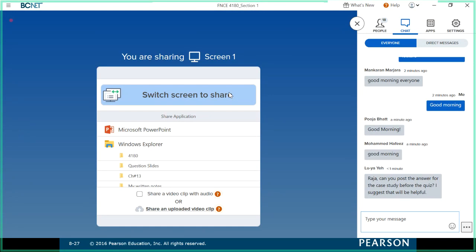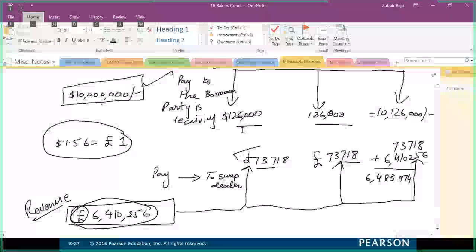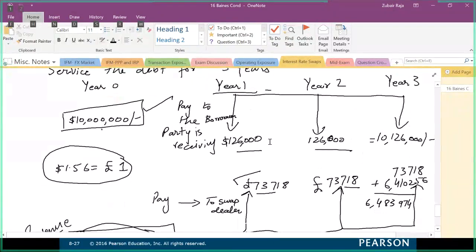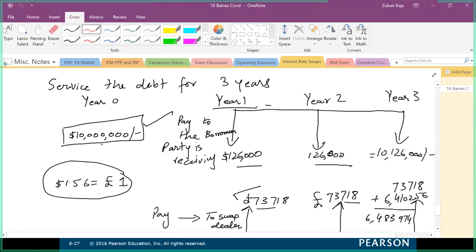So if we continue with the same example, if you can recall, this is actually how they are making the payments, right? So if you see over here, let me select the pencil, and just change the color. So over here, the rate was given to us.